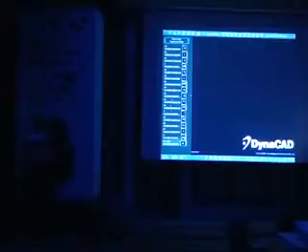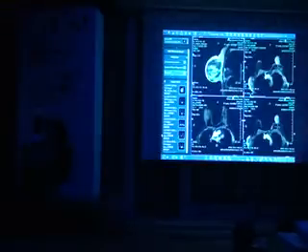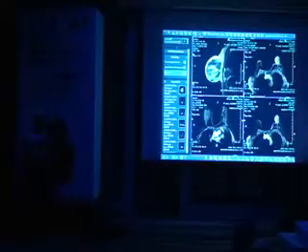So I just open one of the cases from the list of cases. Here, first, this is the standard view where I can scroll between all kinds of images: the fat suppression images, the diffusion, and of course the T1 and T2 images.